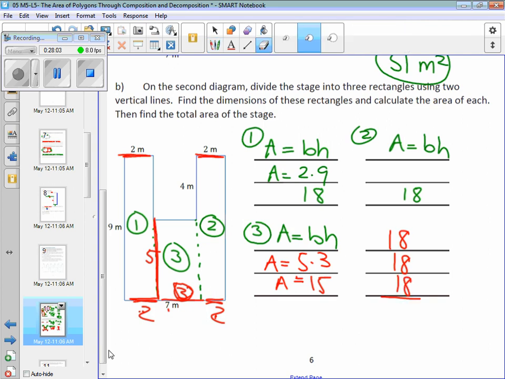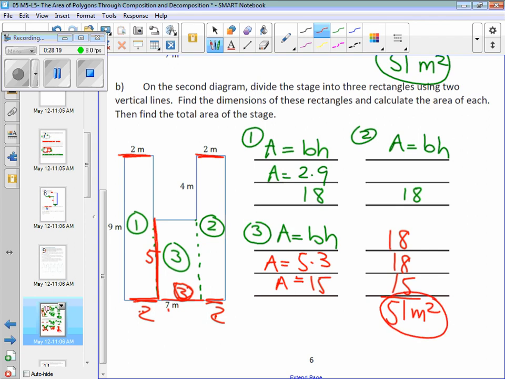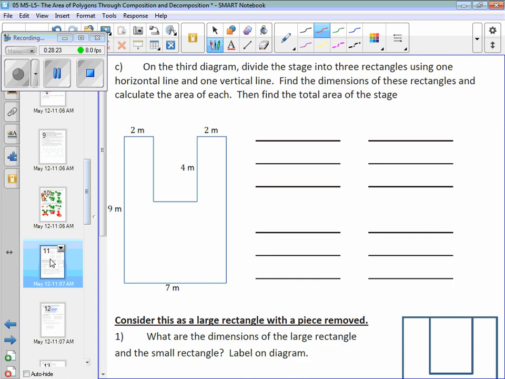Oh, 18 plus 18 plus 15. What we got? Okay? It works. I'm going to show you one more other way before the bell rings. If the bell rings, just hang for a minute. We're going to cheat a little bit, though. Watch. So I want to make sure everybody's on this.